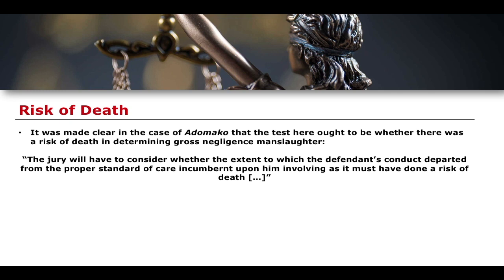The risk of death element is quite important here, because ultimately manslaughter is a homicide offence. One of the things that is very important for a manslaughter charge to even stick is the fact that the victim has to die. It has to be a death of a victim situation.